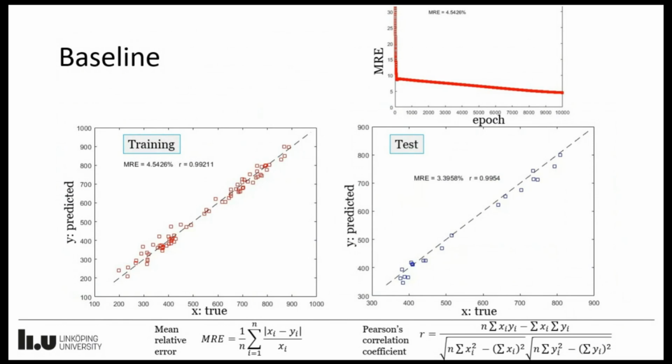And you see the test is going down to roughly 3.4% error, which is pretty good for standard fittings. And following the straight line here, the Pearson correlation coefficient. So this is our baseline. When we do our scatter augmentation, we want to be below this value. Otherwise, it can be considered bad, of course.